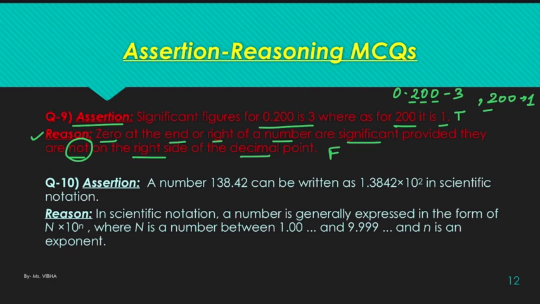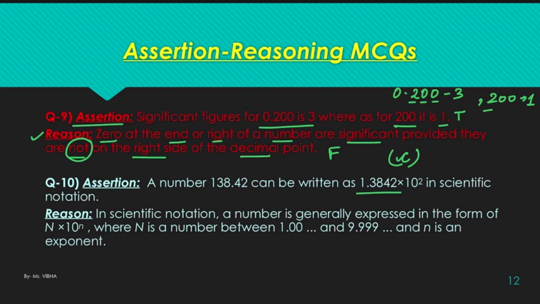So you know that out of the two statements, one is correct and one is incorrect. So the option will be C, that is, the assertion is correct and the reason is incorrect.